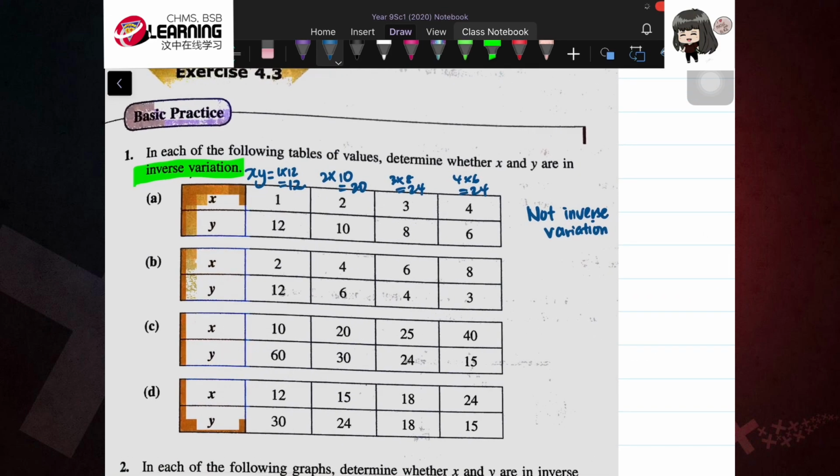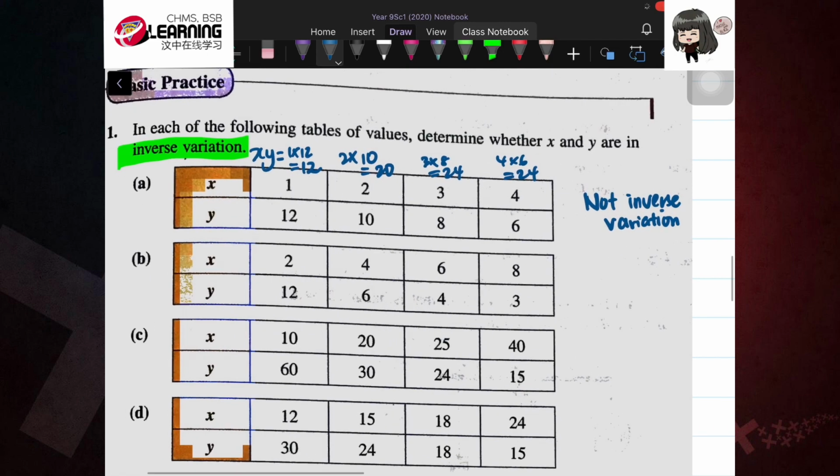Okay, part B, same thing, we multiply x with y. We get 2 times 12 here is 24. And then 4 times 6, we get 24. 6 times 4, we get 24 also. And here 8 times 3, we get also 24.